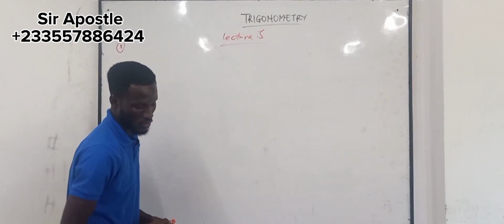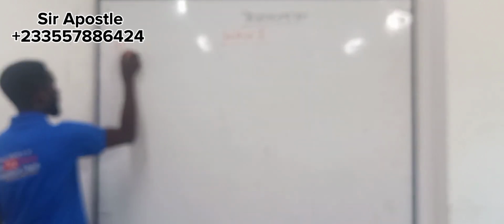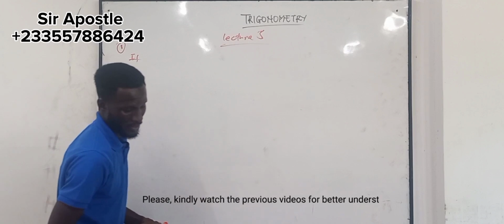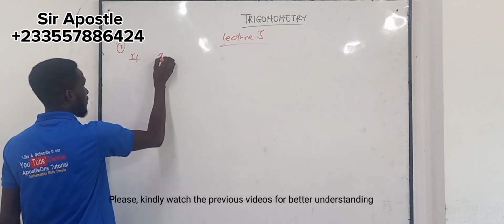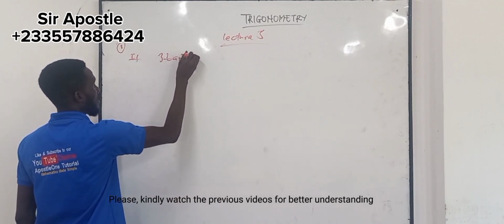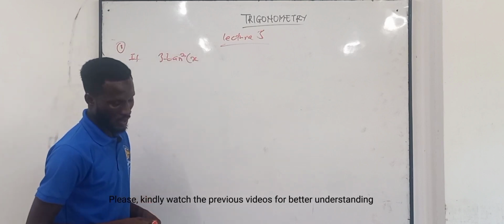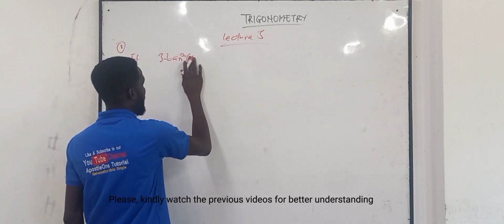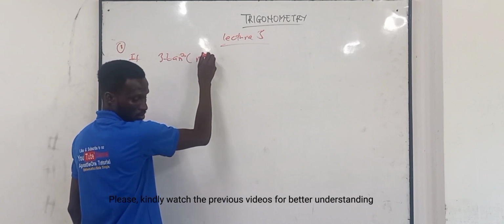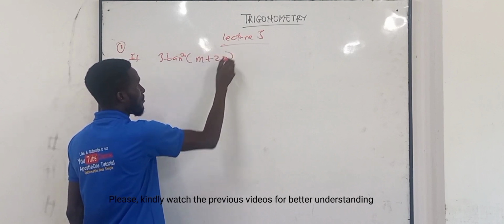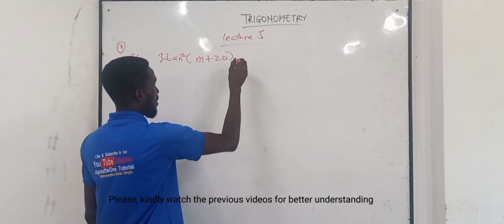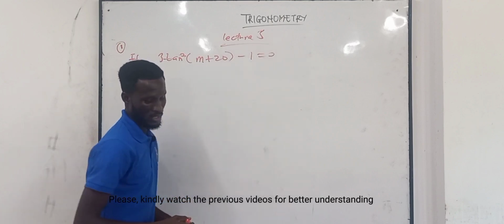the first question was, if 3 times tan square of m plus 20 minus 1 equal to 0.